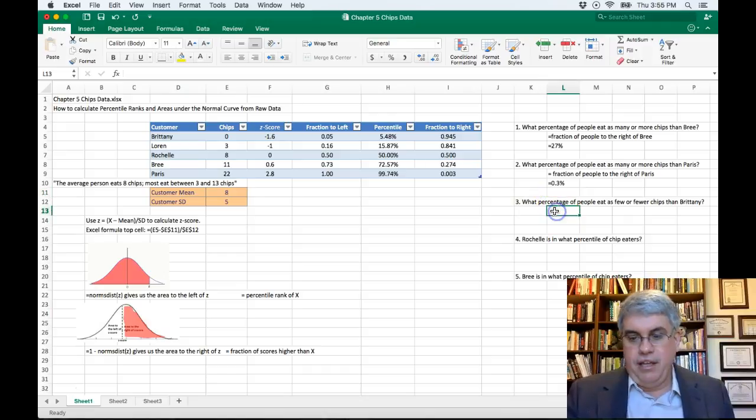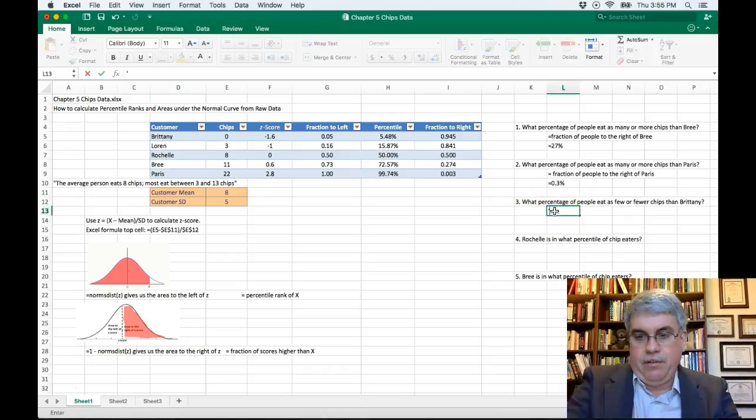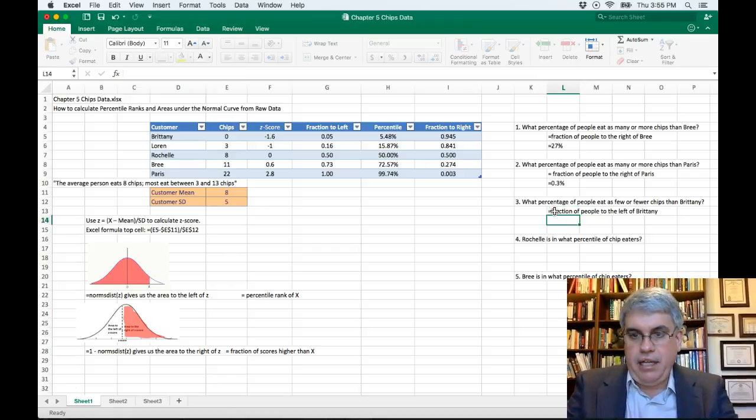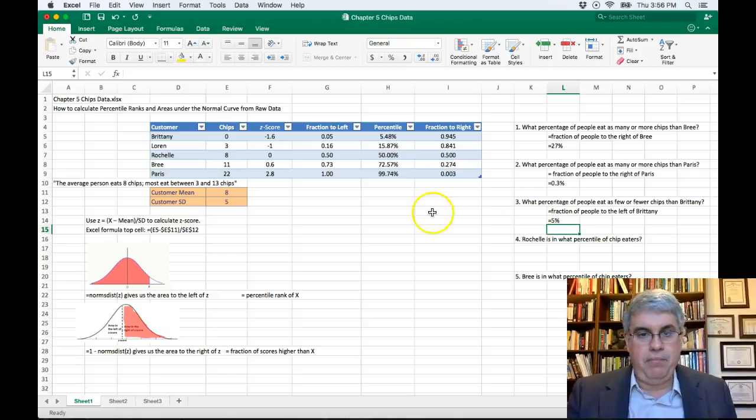So we're going to say that this equals the fraction of people to the left of Brittany, and that equals 0.05, which is 5%. So 5% of the people eat as few or fewer chips than Brittany.